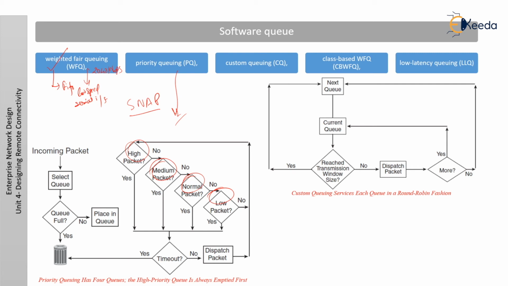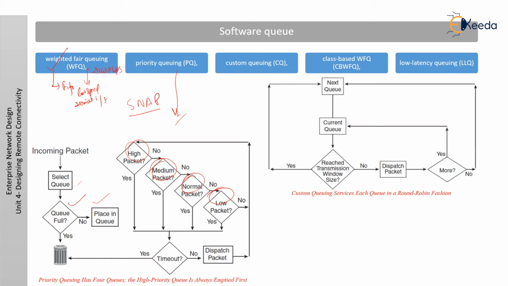Okay, so an incoming packet is coming; check whether the queue is full or not. If it is full, then it is sent somewhere else. If it is not full, then place it in the queue. Now check whether the preference is high, medium, or low. If it is not high, then go to medium.